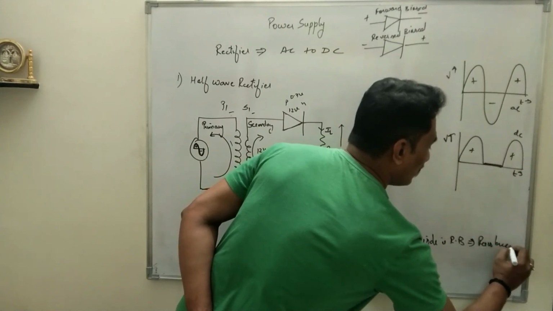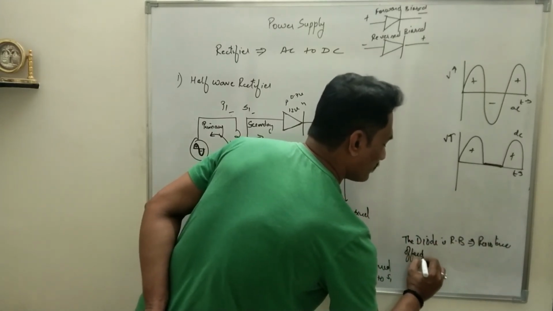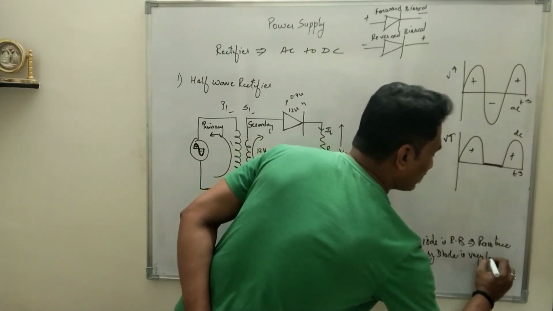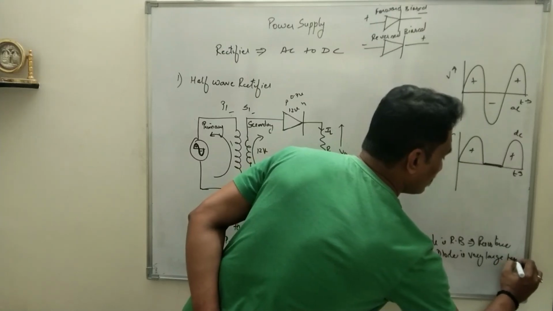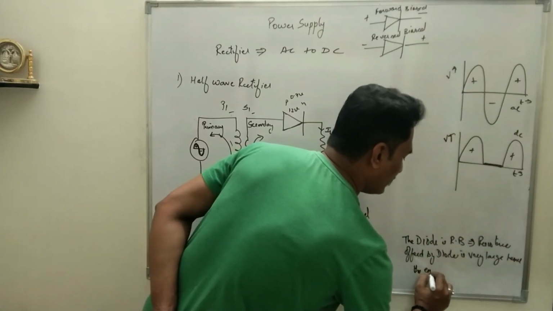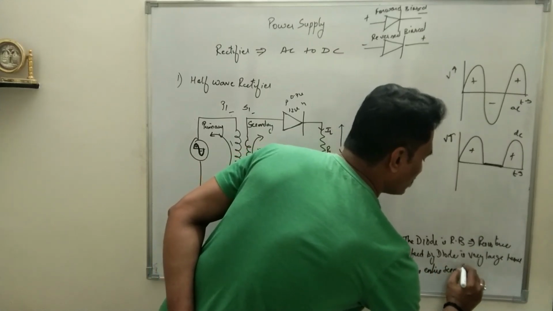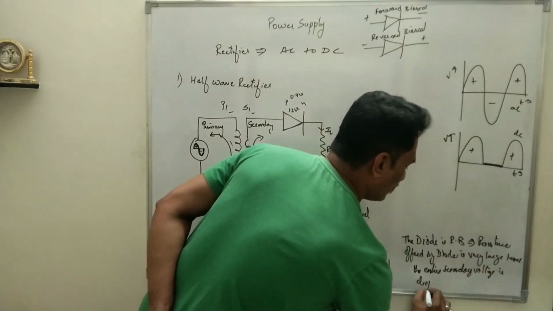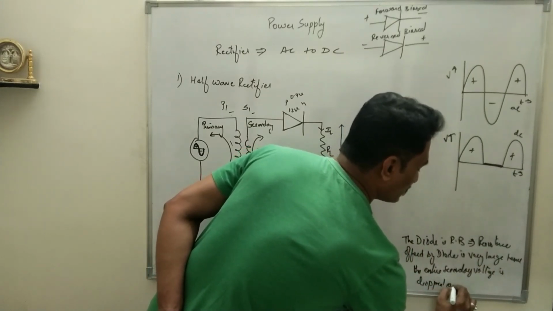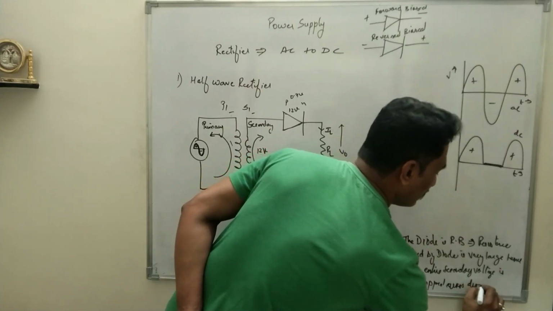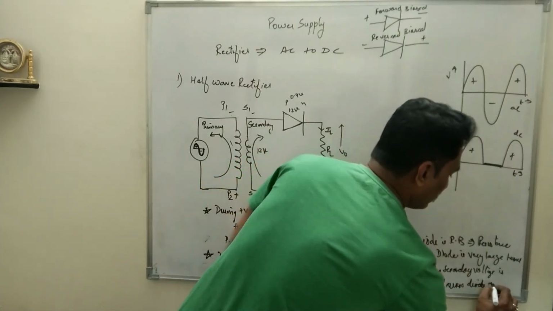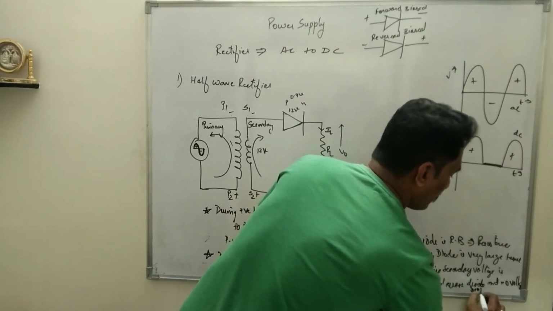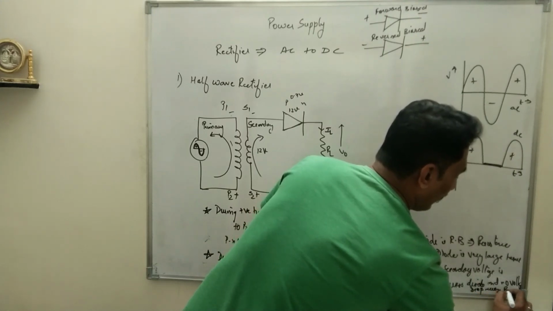Resistance offered by the diode is very large, hence the entire secondary voltage is dropped across the diode and no voltage drop across RL.